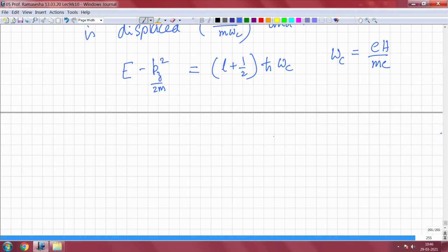We have the free electron Fermi surface, which will be a circle, and the magnetic field is in the z direction, let us call it H. One of the cross sections that we will take is this one, in the plane perpendicular to the magnetic field. Actually, I will shade it so that you know that it is perpendicular.